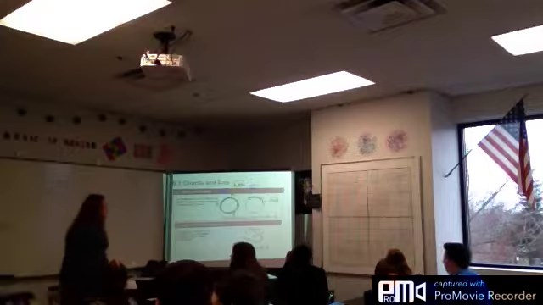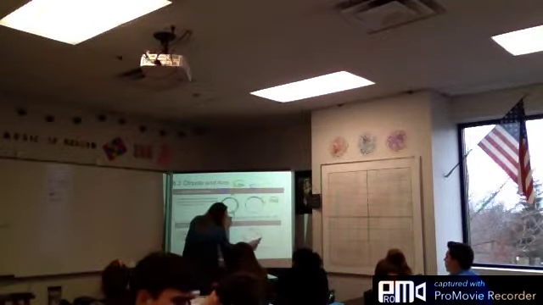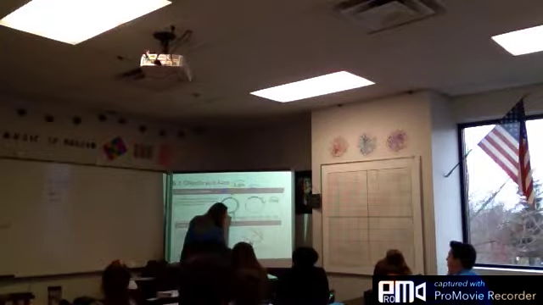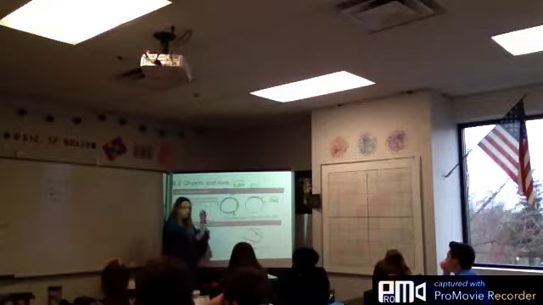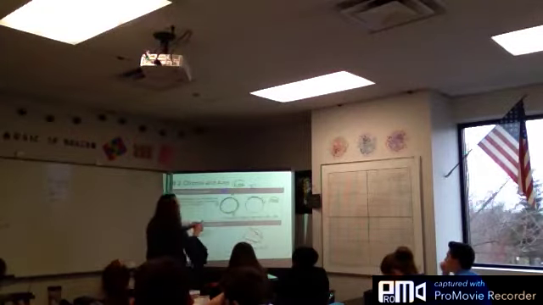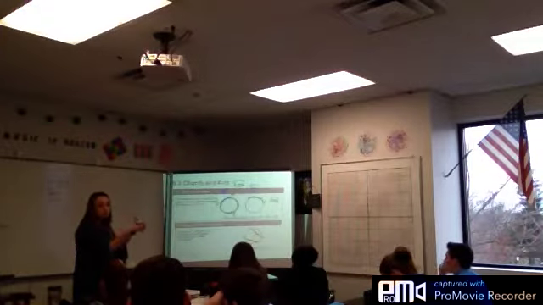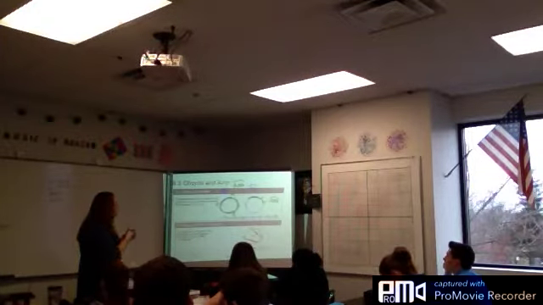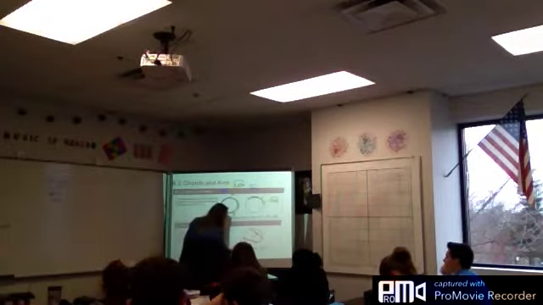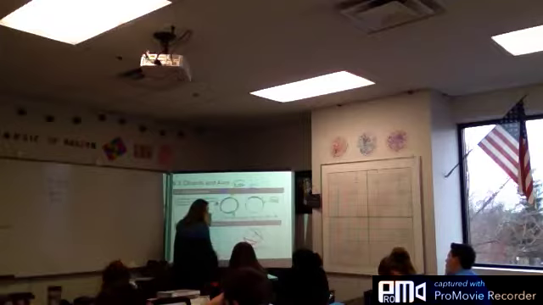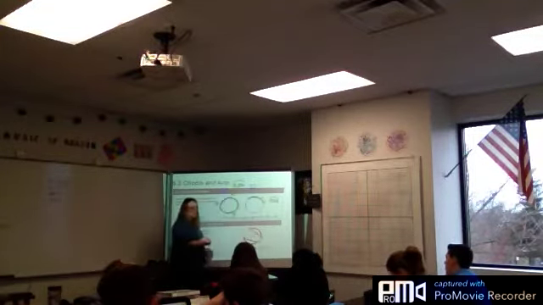I have 2 different chords here: chord DE and chord AB. These little tick marks tell me that they are congruent. If those 2 chords are congruent and they're in the same circle, or in 2 congruent circles, then arc AB, the arc that it bisects, and arc DE, the arc that it bisects, are congruent.